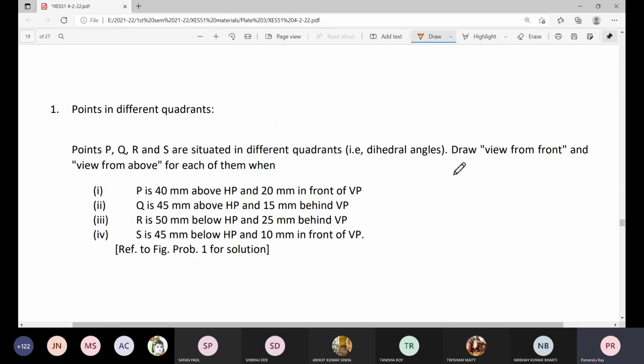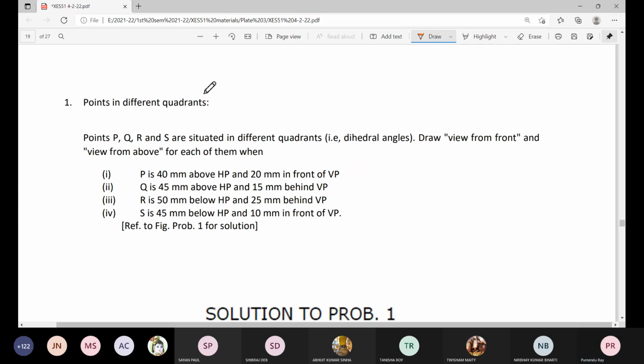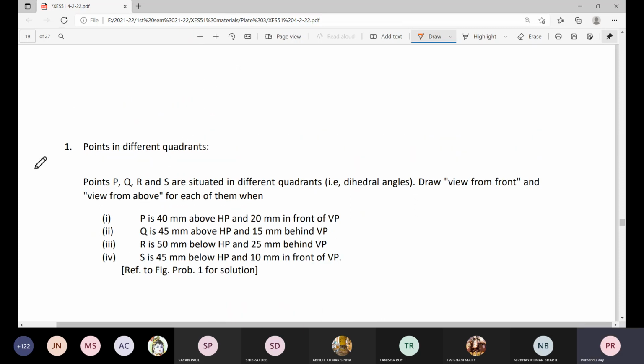Now with this basic knowledge, from your screenshot you can find, either today or tomorrow I'll send you the full problem sheet for plane number 3. I thought I had sent it to you anyway. It was my mistake. Now for problem 1, points in different quadrants.